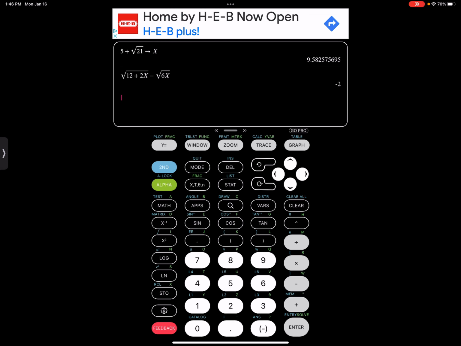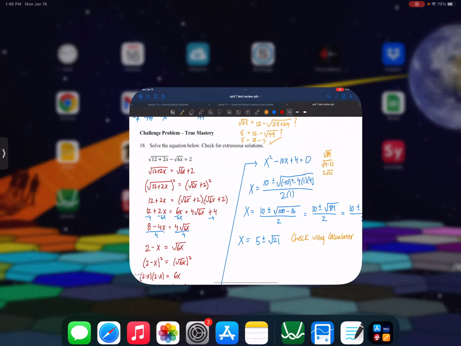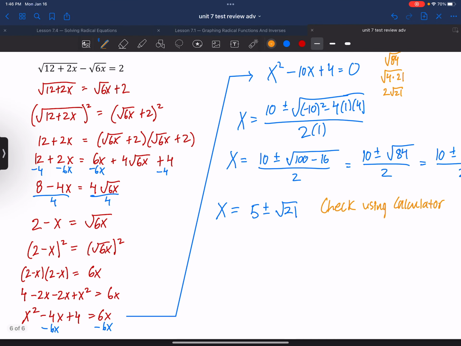Ooh, negative 2. Okay, so let's do 5 minus square root 21 and store that for x. And I'll copy this. We want this to come out to positive 2. Good. Okay. So only one of them works, and that is the 5 minus option.